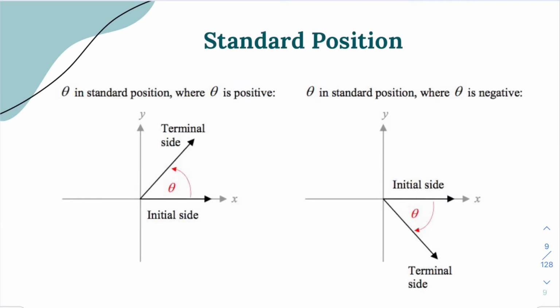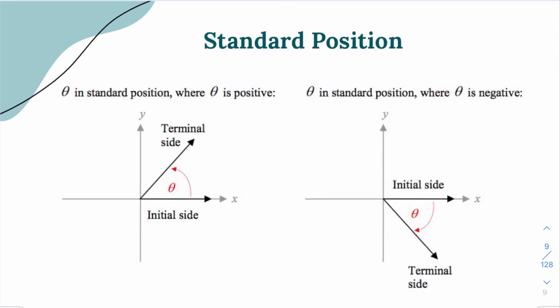So we are going to use the fact that once around a circle is 360 degrees, and once around the coordinate plane is 2 pi, to help us graph angles in something called standard position. Theta is what we use to represent just any angle.